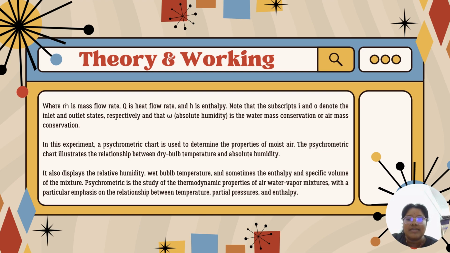The psychrometric chart illustrates the relationship between dry bulb temperature and the absolute humidity. It also displays the relative humidity, wet bulb temperature, and sometimes the enthalpy and specific volume of the mixture. Psychrometrics is the study of the thermodynamic properties of air-water vapor mixtures, with a particular emphasis on the relationship between temperature, partial pressure, and enthalpy.